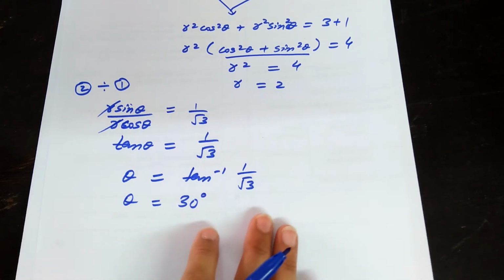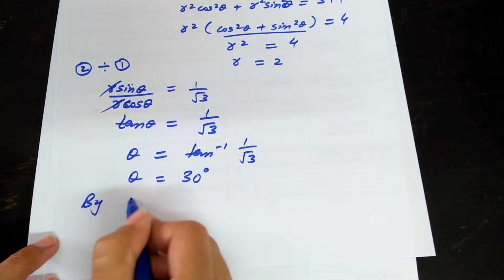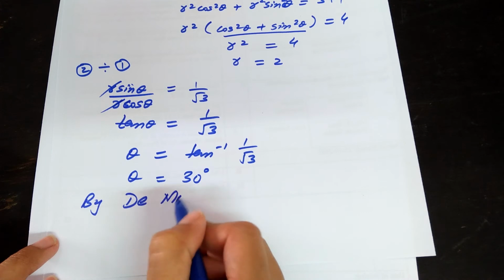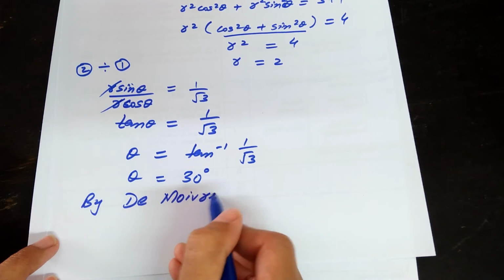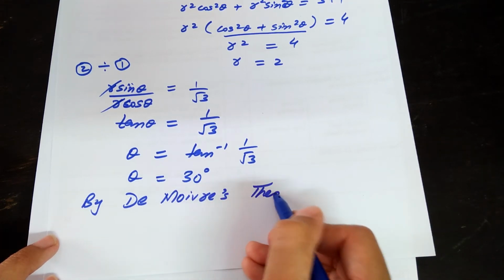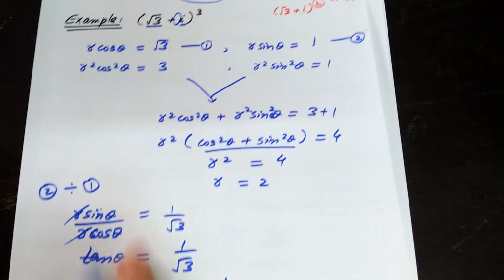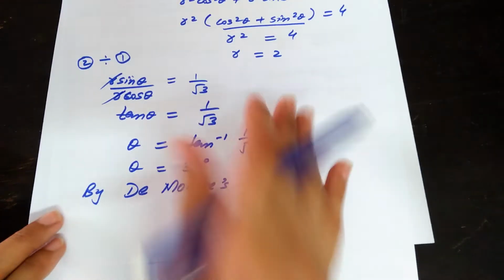Now we can use De Moivre's theorem. What was our question? Under root 3 plus iota whole cube.